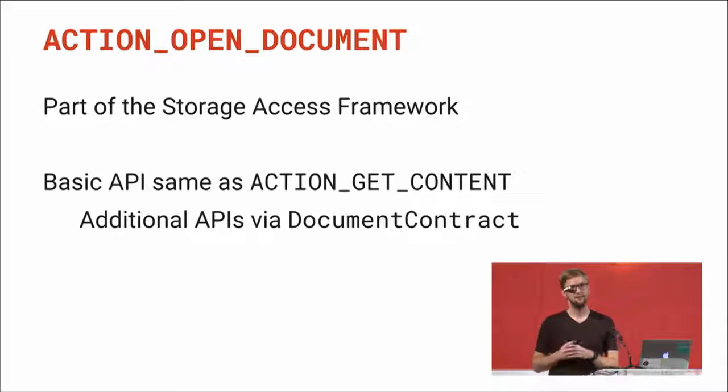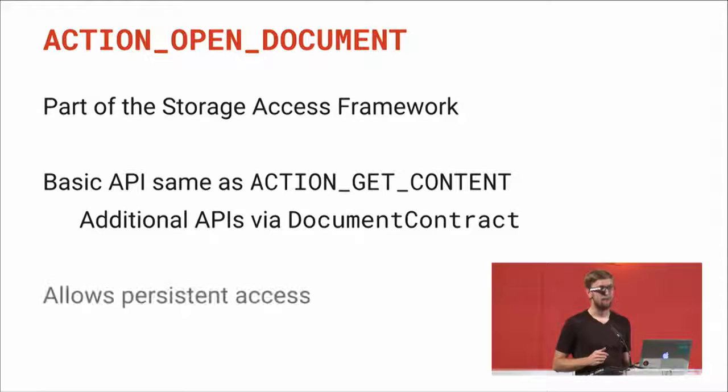But what it does give you is additional APIs on top of that get content open input stream kind of API that we already have, through document contract. So here we have different APIs for getting additional metadata about files, when it was last modified, lots of good information you'd expect from a file, but we're not providing file paths, we're providing access to documents.